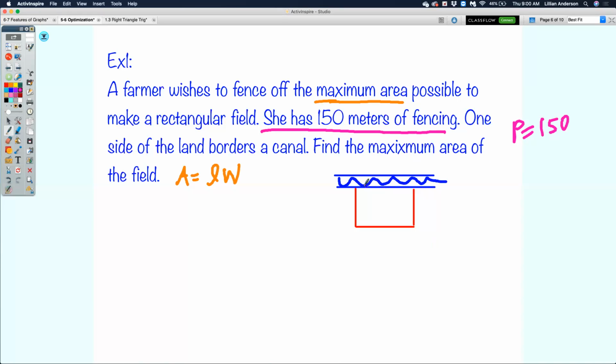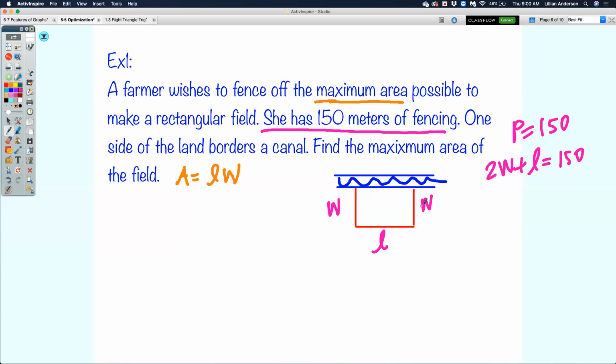But remember, one of our sides borders a canal. So 2W plus L. Very good. 2W plus L would equal our perimeter, which is 150. So this is W, and this is L. If we added up those three sides, that would give us our perimeter. Again, we don't include the side that's bordering along a canal. Is everyone following me still?